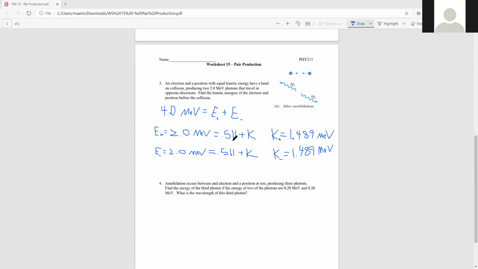Subtracting the rest energy, 0.511, you get the kinetic energy of each, and they have equal kinetic energy. That won't always be that way, but that's what you're told in this problem. Pretty straightforward. Add the MeVs up. All right, great.